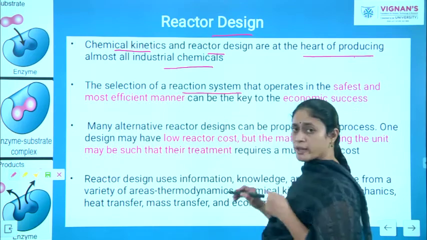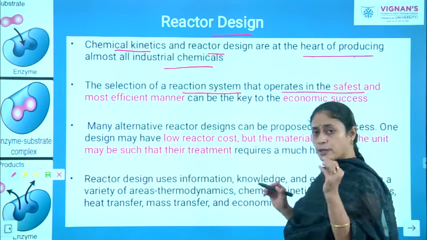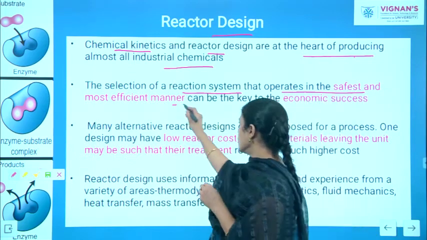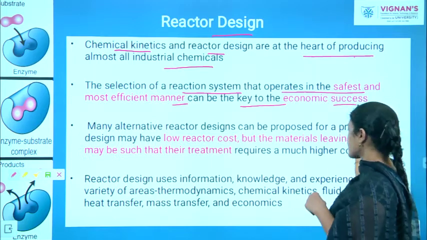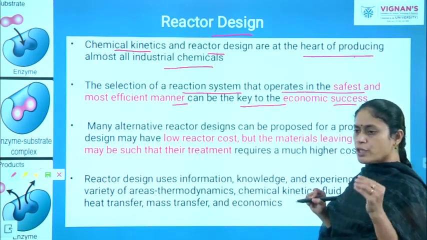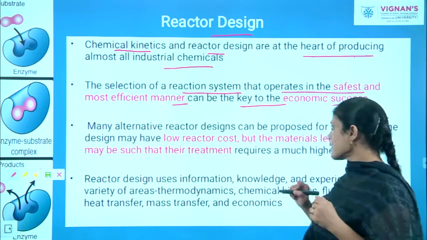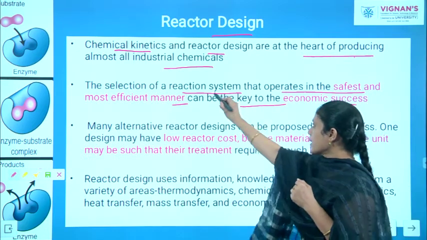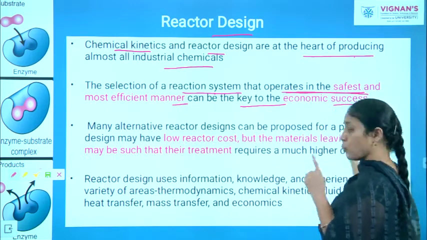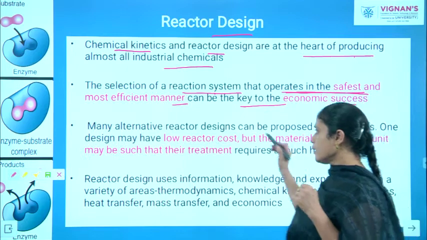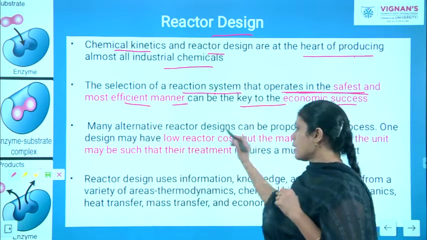The selection of a reaction system that operates in the safest and most efficient manner can be the key to economical success. So, in order to get economical success, the reaction system you choose should operate very safely and in a very efficient manner.